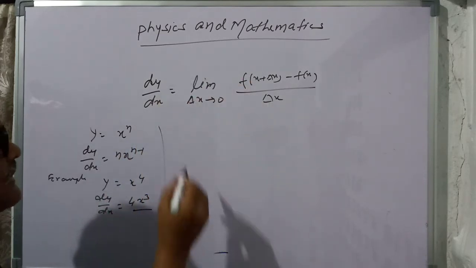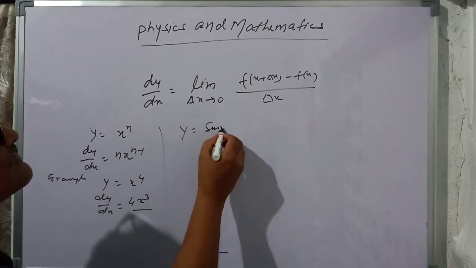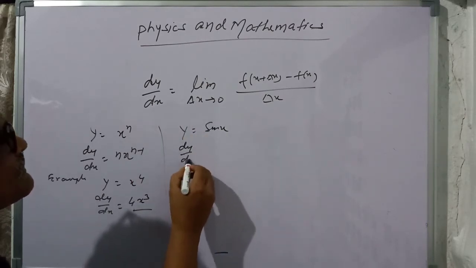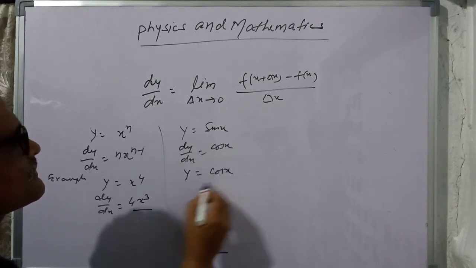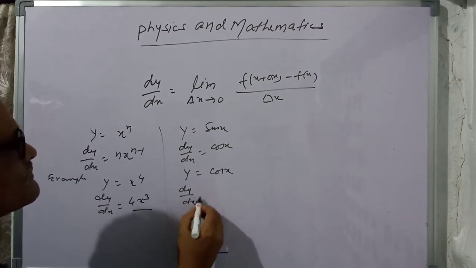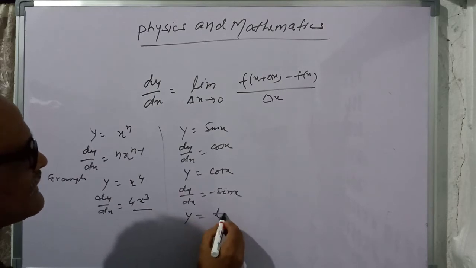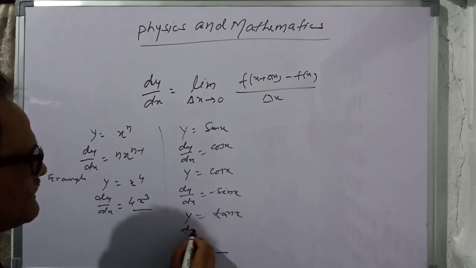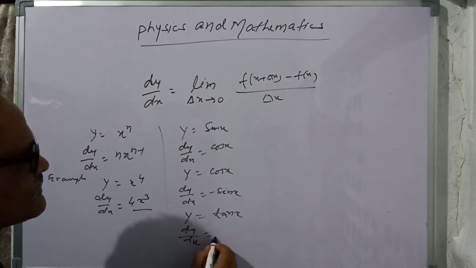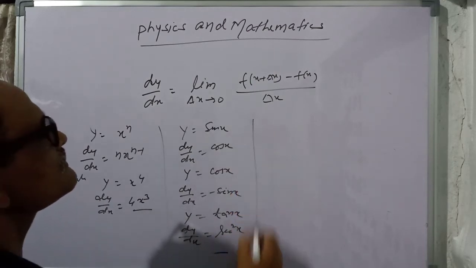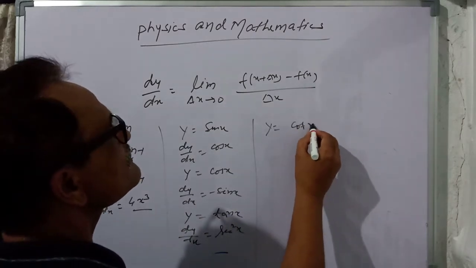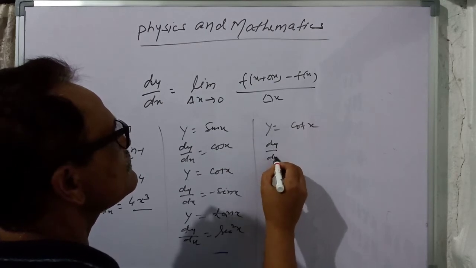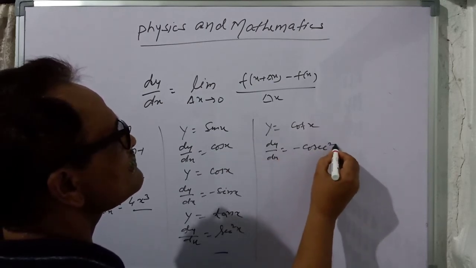Now for the trigonometrical functions, if y is equal to sin x, then dy by dx is equal to cos x. If y is equal to cos x, then dy by dx is equal to minus sin x. If y is equal to tan x, then dy by dx is equal to sec square x. If y is equal to cot x, then dy by dx is equal to minus cosec square x.